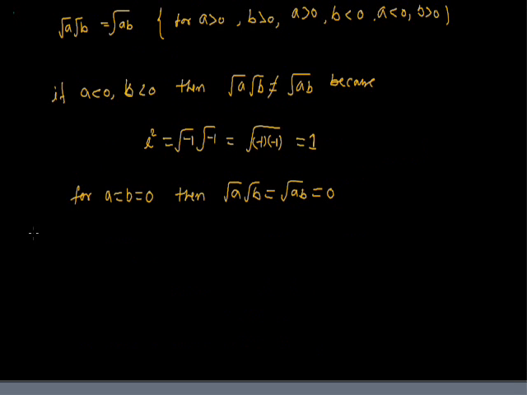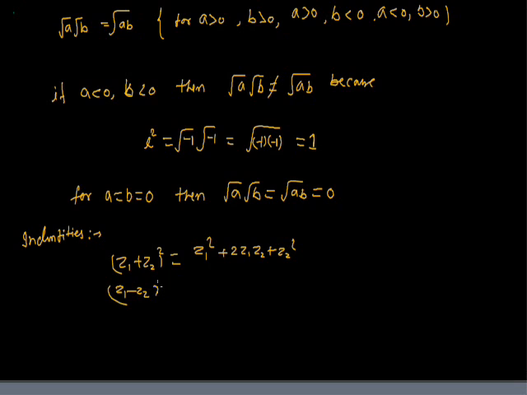Now we have some identities for complex numbers. First of all, (z1 plus z2) to the power 2, we can expand like (a plus b) to the power 2: z1 square plus 2 z1 z2 plus z2 square. Similarly, (z1 minus z2) to the power 2 we can expand like (a minus b) to the power 2: z1 square minus 2 z1 z2 plus z2 square.